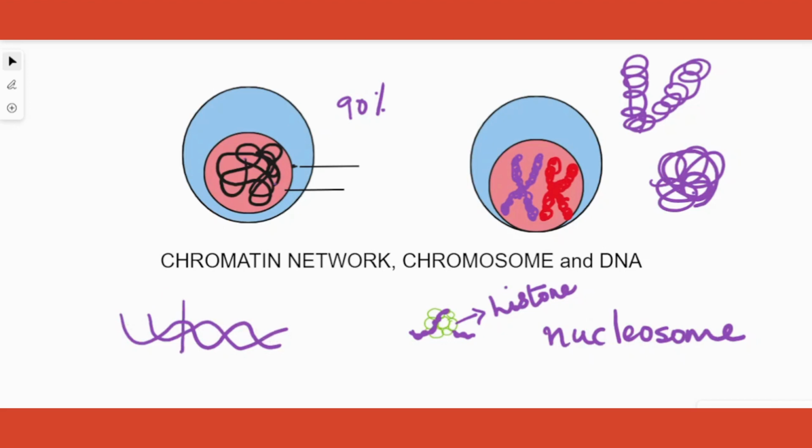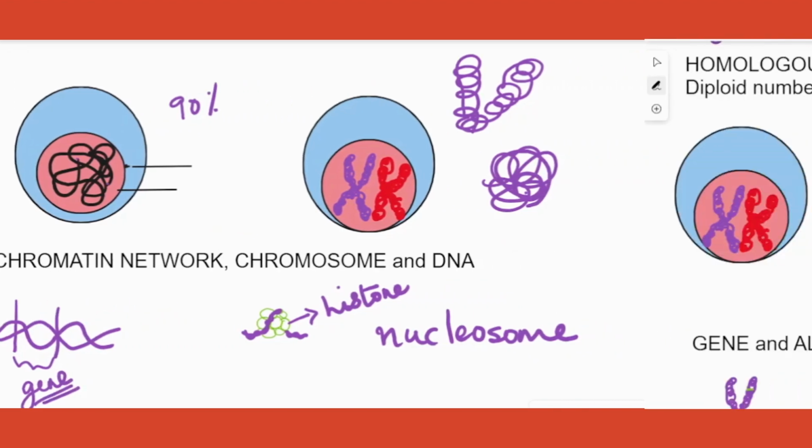Let's say this part if I cut out, this part is active. Active meaning it can form certain proteins in our body. It can transcribe, we say, which we are going to cover later. So these parts which are active on a DNA are called genes. I hope this much is clear to you.